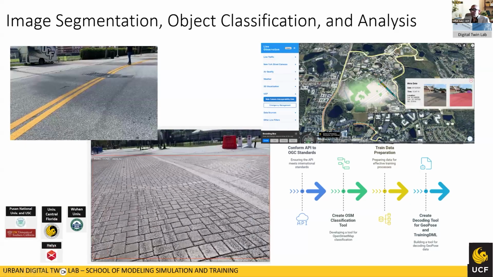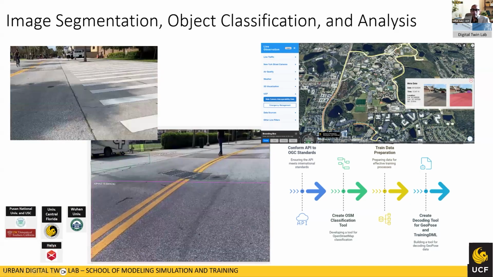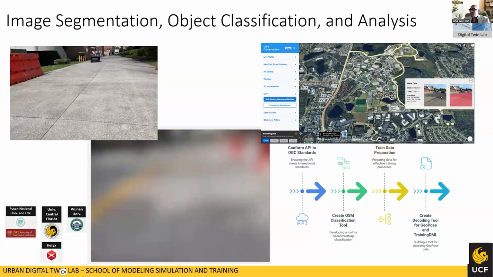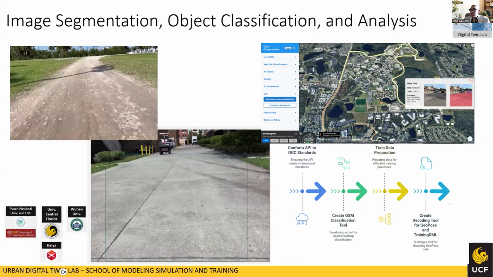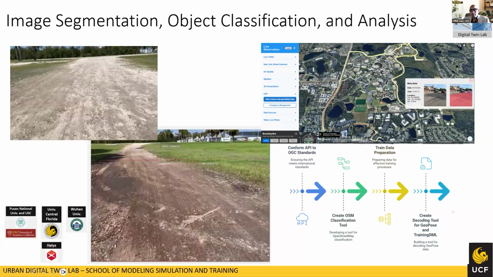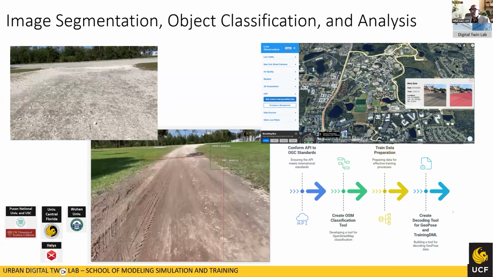And we also use that in our platform at the University of Central Florida for immediate image segmentation. As you can see, the workflow here is really helping us to run image analysis.